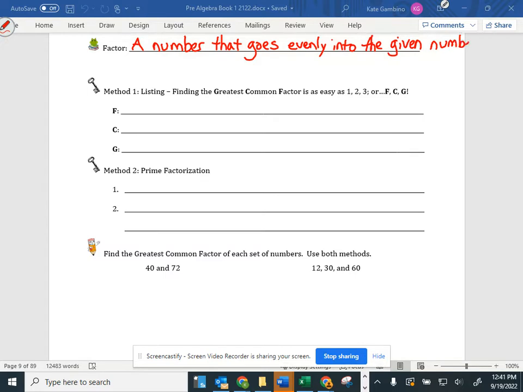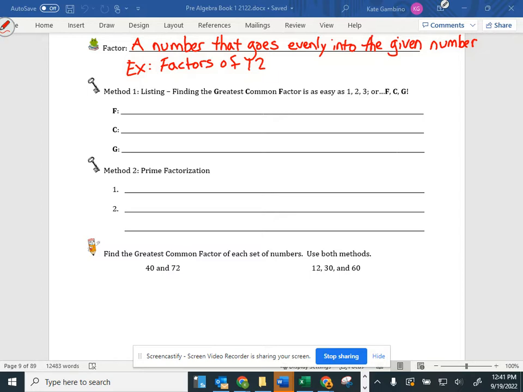So there's no remainders, no leftovers. It goes in evenly. So an example would be factors of 12. So think about that number 12.